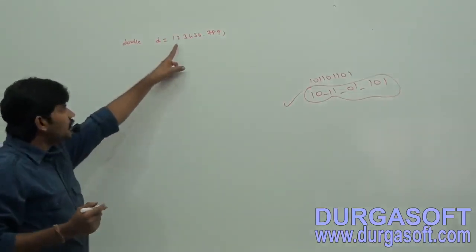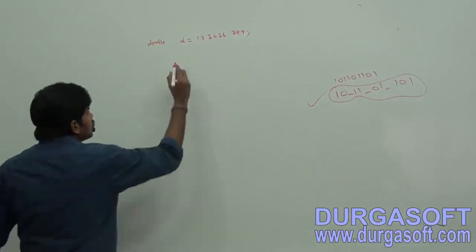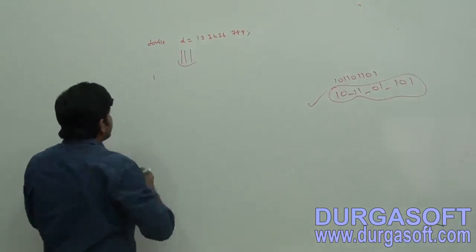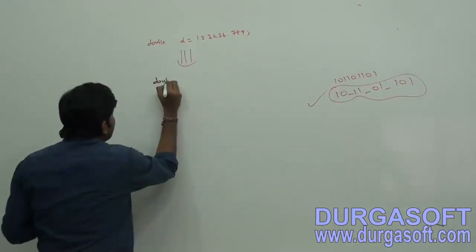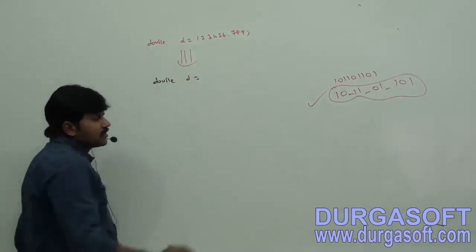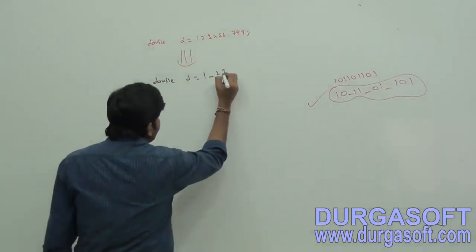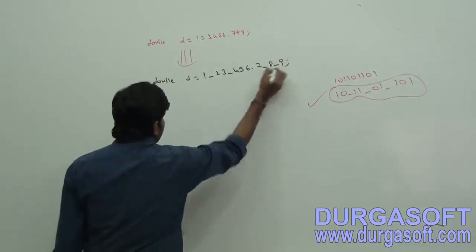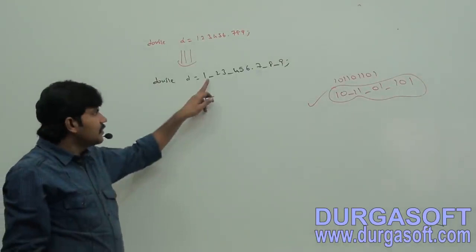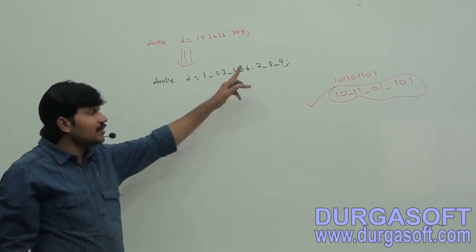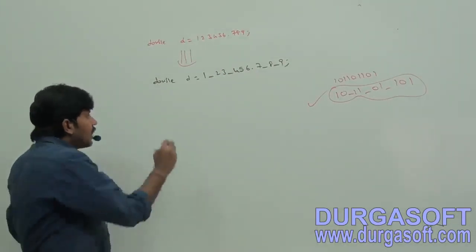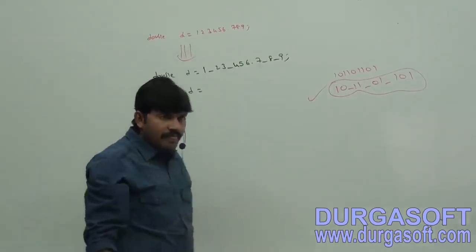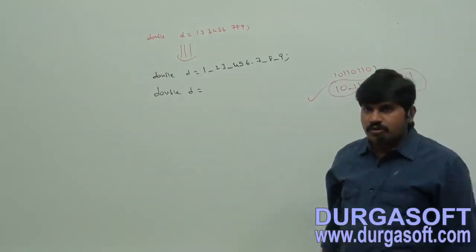So double d is equal to 123456.789, but from 1.7 version onwards, if you want, you can write it like this also: double d is equal to 1_23_456.789. 1,23,456.789 itself is the value. Or otherwise, the same number, how are the US people going to read it?